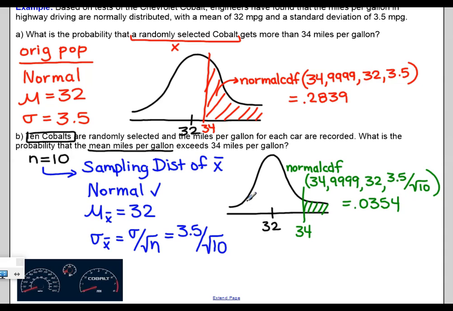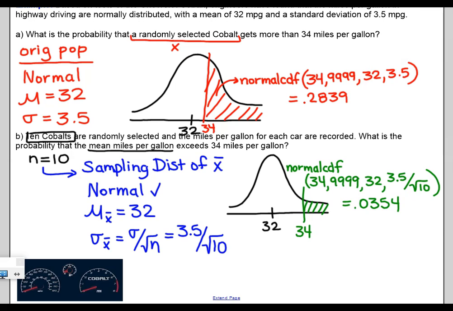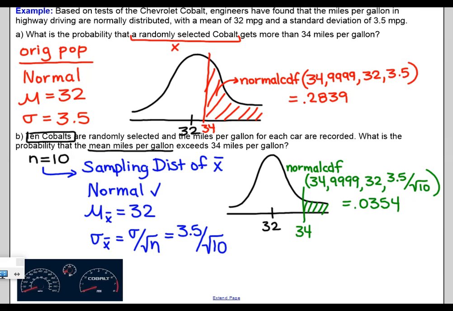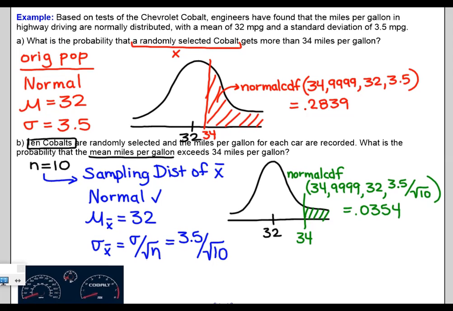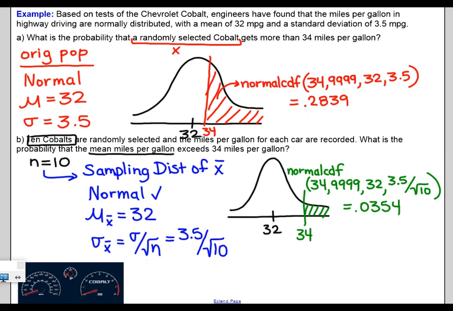Okay, and then we have one other example here, doing more examples, looking at the difference between if we're talking about just one car in this case, or if we're looking at a group of cars. So in the first example, it says a randomly selected Cobalt, so one car. The second one says we're looking at 10 cars, right?